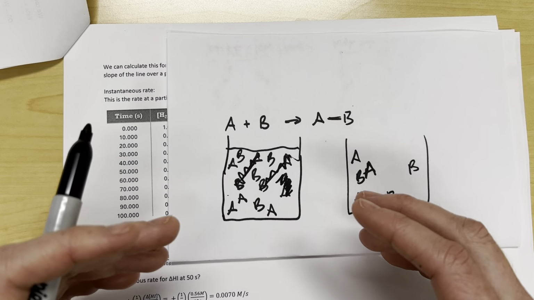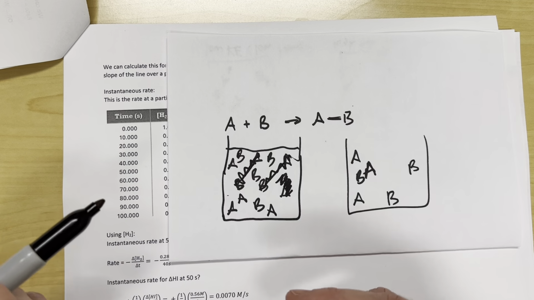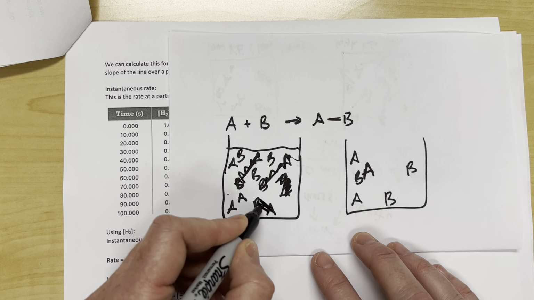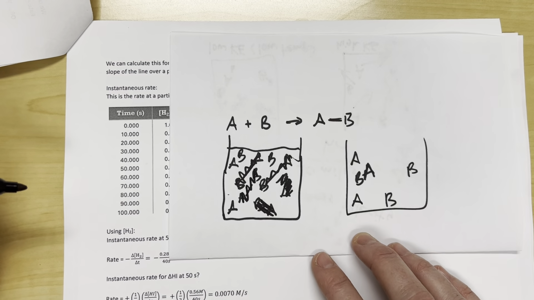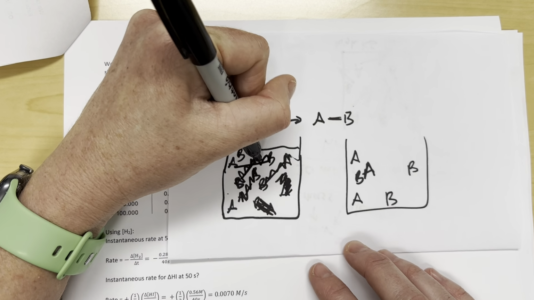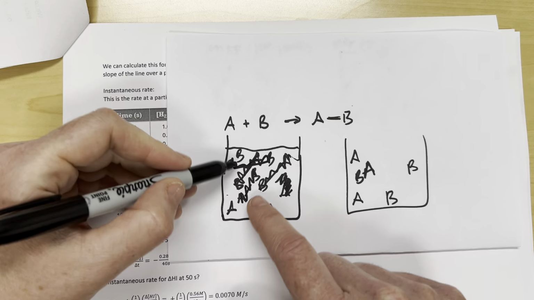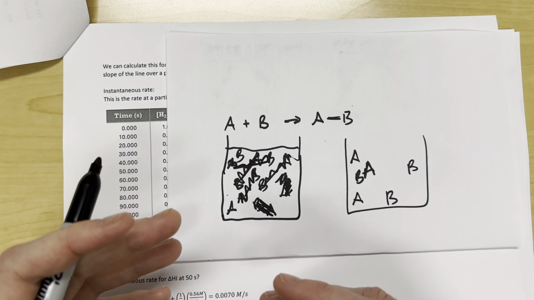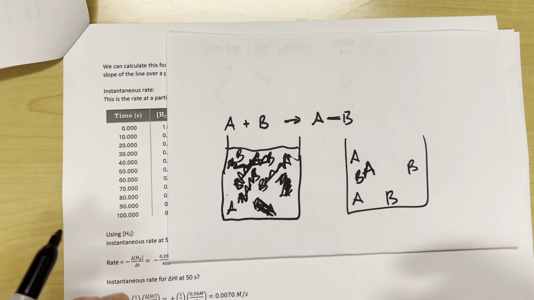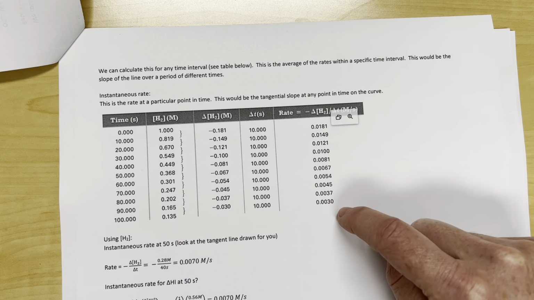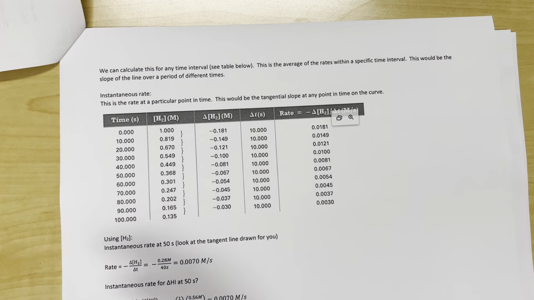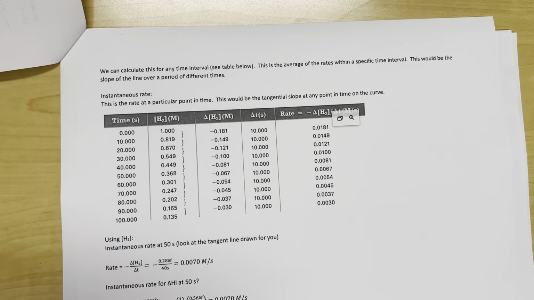So when there's a bunch of them, there's a lot that can collide, and you can form this stuff pretty quickly. But over time, you can see that there's fewer and fewer of them to collide. And when there's fewer and fewer of them to collide, they don't collide as often, and the rate goes down. So that's why your rate starts at 0.018 here and ends all the way down at 0.003 after a long period of time.